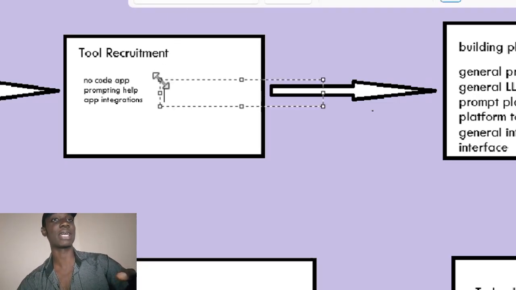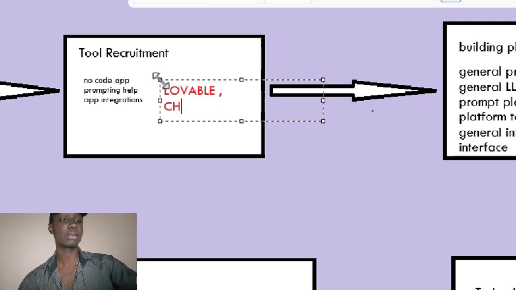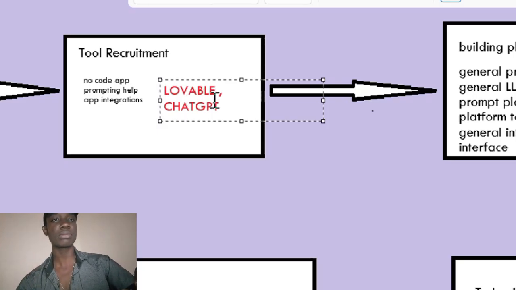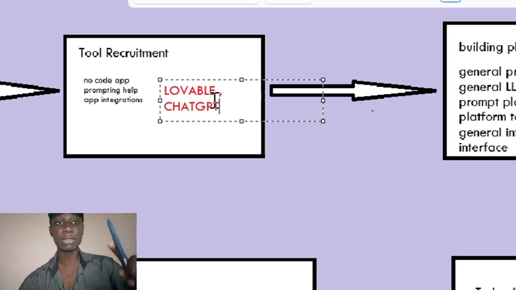It's already hard as it is. So we had Lovable, and we had ChatGPT. ChatGPT was for the prompting. It's my prompting help. Lovable was my no-code platform.